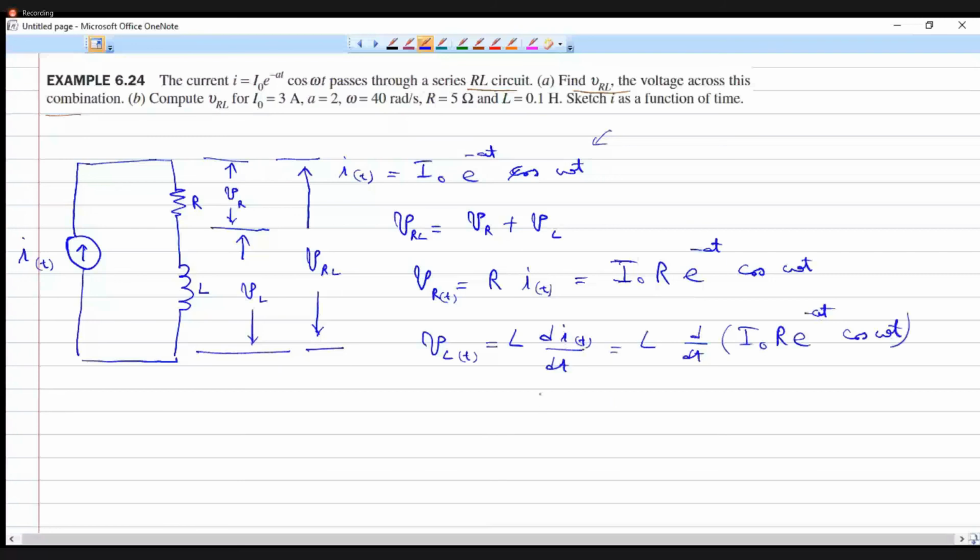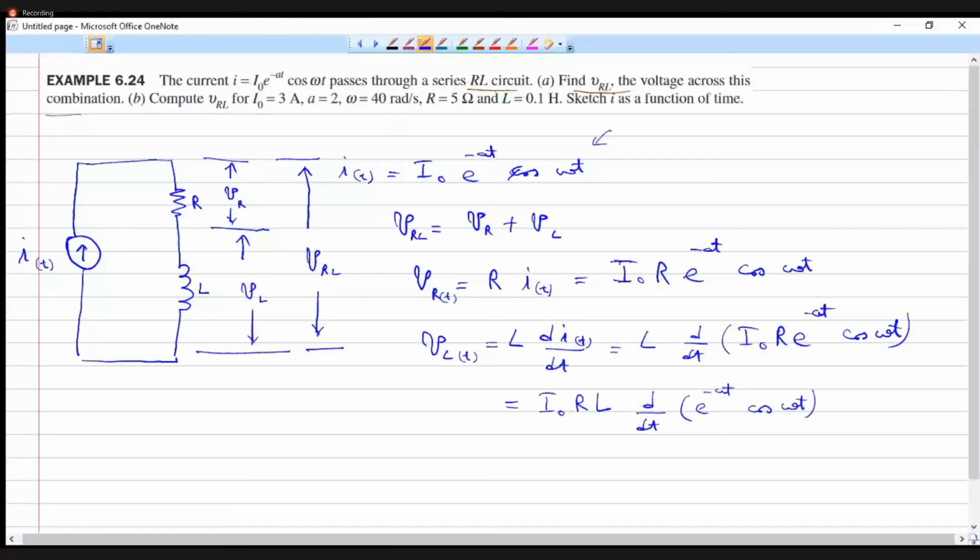Now differentiate it. Take out I naught outside because this is a constant. So what remains is d by dt of e power minus at cos omega t.